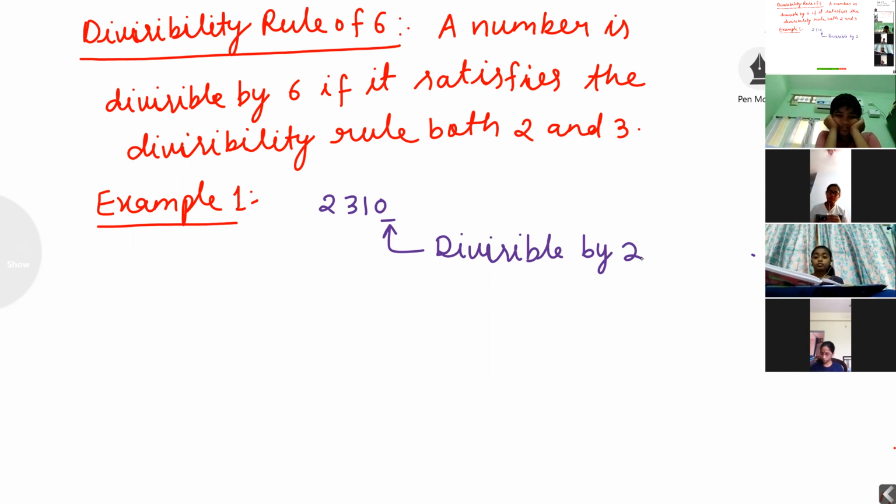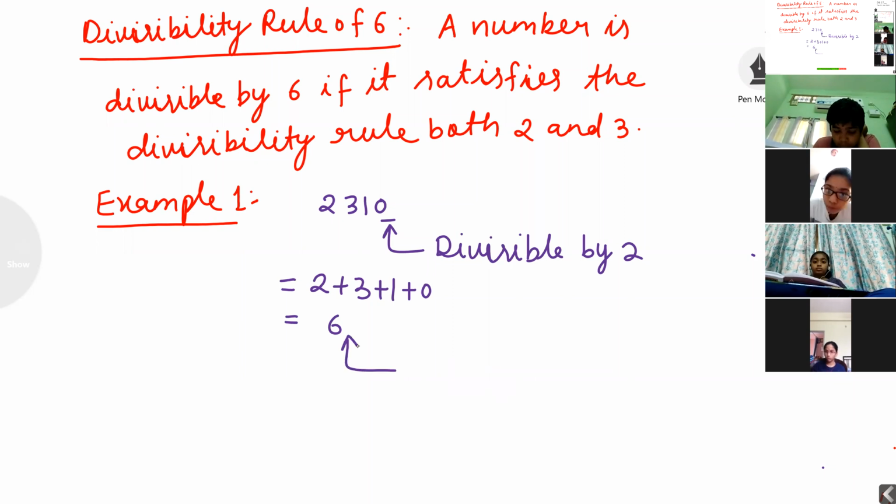How to check? The sum of all digits should be a multiple of 3. 2 plus 3 plus 1 plus 0. Now 2 plus 3 is 5, plus 1 is 6, 6 plus 0 is 6. Yes, this number is also divisible by 3.